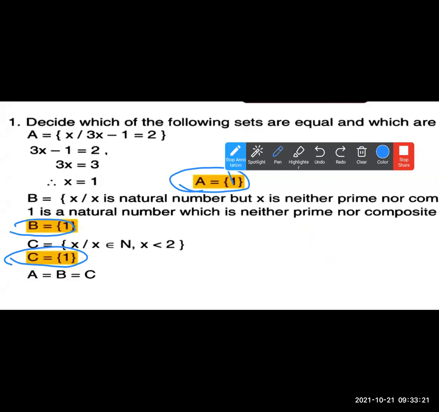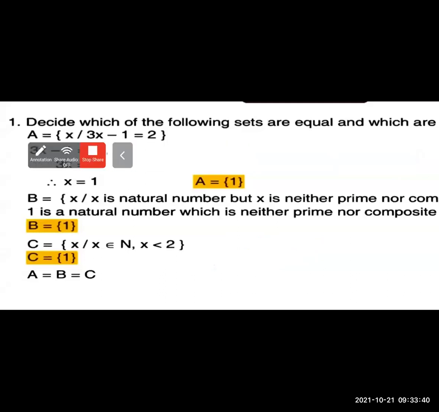You can observe that all the elements of set A are present in set B and also present in C, and vice versa. So we can say that set A is equal to set B is equal to set C. This way you have to write down your answer.